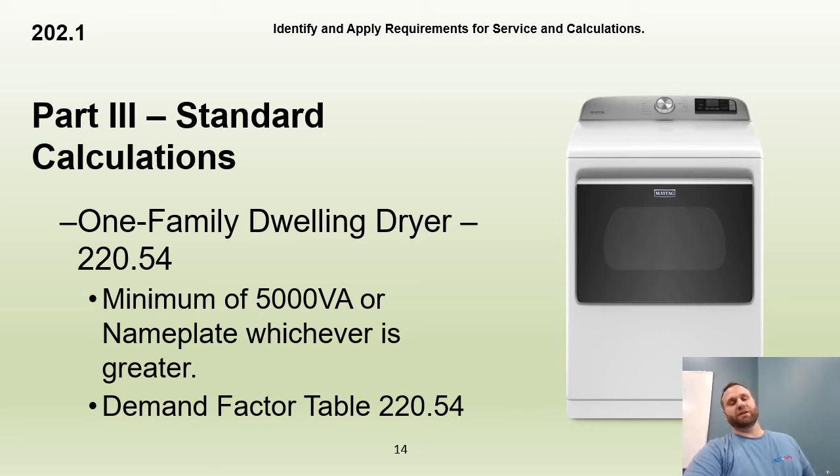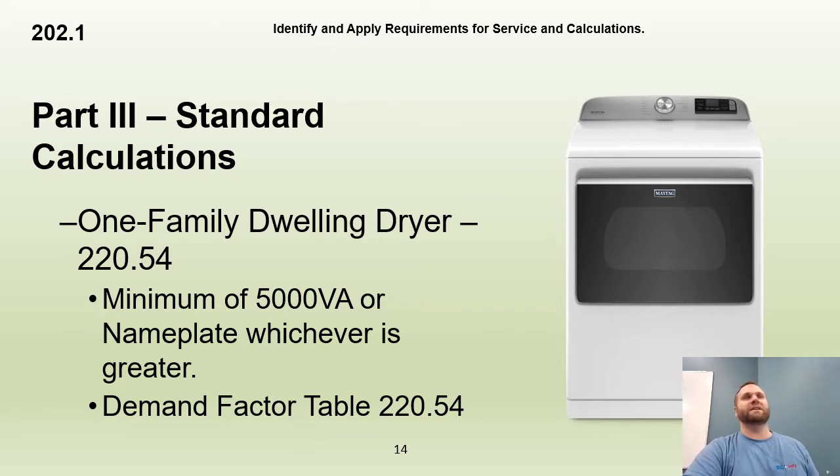After I have calculated the total number of dryers, I can then apply a demand factor found in Table 220.54. Now, if you're just calculating a single family dwelling unit, chances are you're not going to need to use Table 220.54, because according to 220.54, if I have 1 through 4 dryers in a house, I'm taking all of them at 100%.